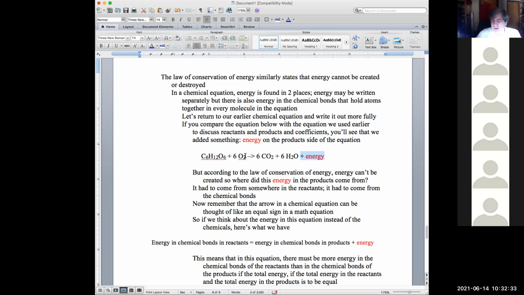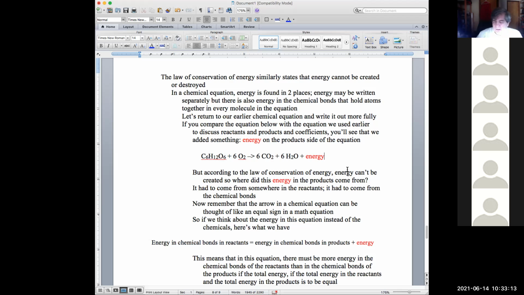Now, the law of conservation of energy says that the energy in the reactants, the glucose and the oxygen, has to be equal to the energy in the products, the energy in the carbon dioxide plus the energy in the water plus this other energy. Well, first of all, why do we have energy written here but none in the reactants? Well, when we have energy written on one side of the equation but not the other side, this means that when energy is in the products, it came from some of these chemical bonds in the reactants.